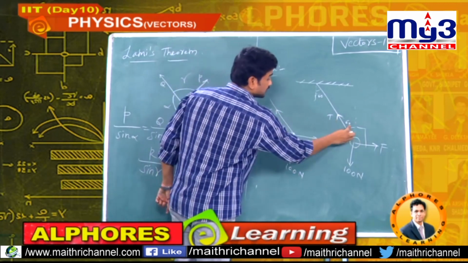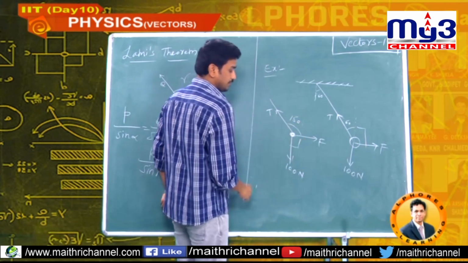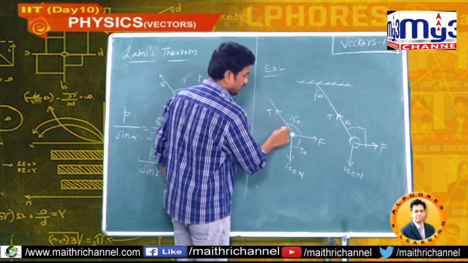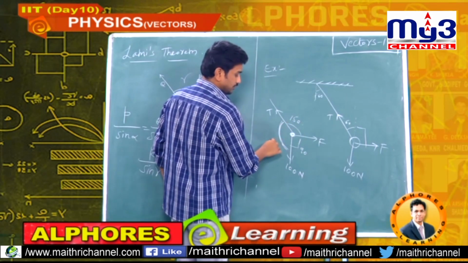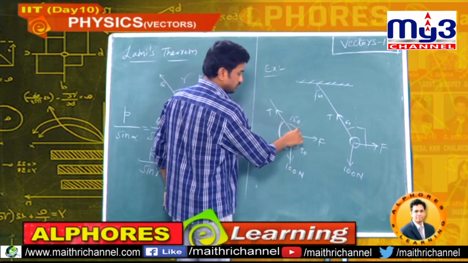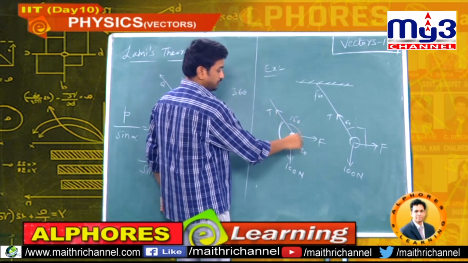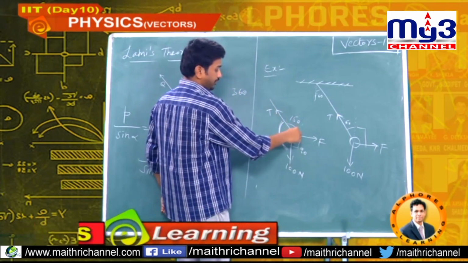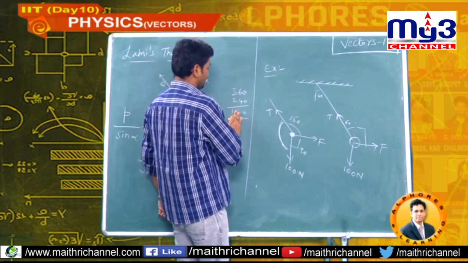This is 90 plus 60, 150. What about this remaining part? Total angle 360, 360 minus 240, this is 240. Now what is the angle? So this is 120.